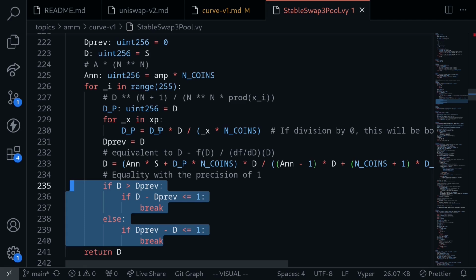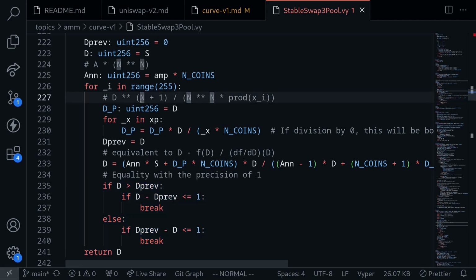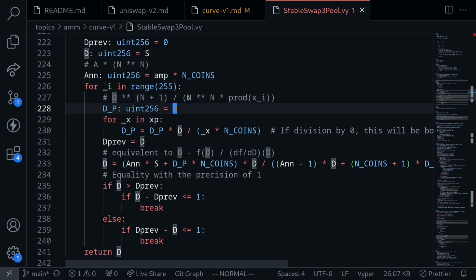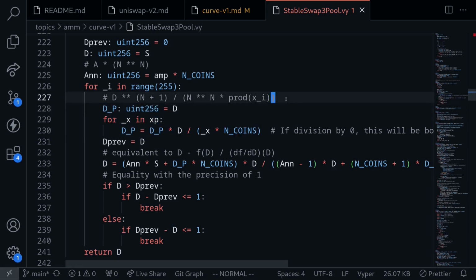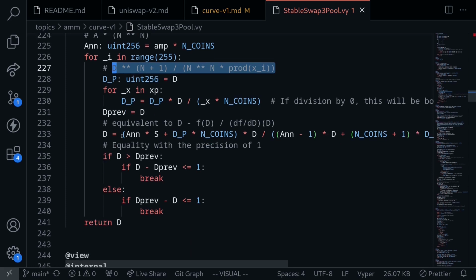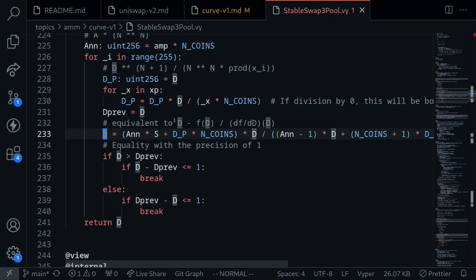Inside the for loop, we can also see how this D is calculated. For each iteration, it will calculate D raised to the power of n plus 1. Since this pool has 3 tokens, you can think about n being equal to 3. And then divided by n raised to the power of n, multiplied by all of the token balances. And that's what this part of the code is doing. It's calculating this expression. And then moving on, next it calculates the next D using Newton's method.